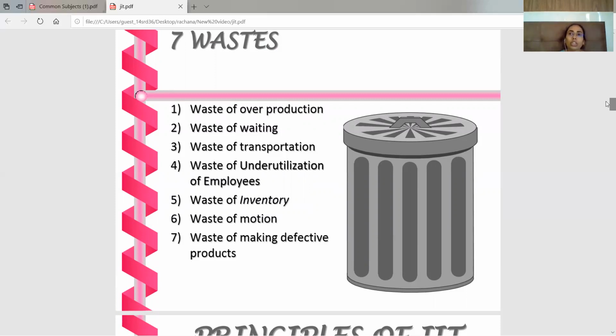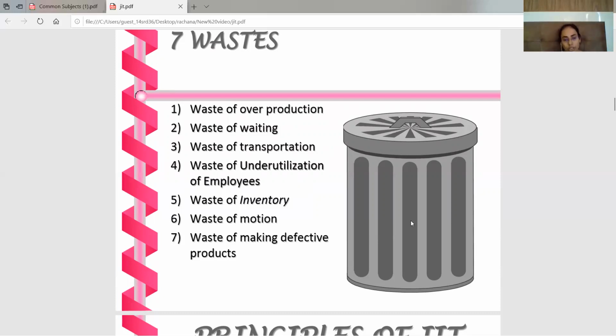Waste of transportation. You need to cater locally so that you can eliminate transportation cost and transportation time. Wastage of underutilization of employees and resources. If you underutilize your employees and resources, you are wasting money. Waste of inventory is another kind of waste, the inventory held during the production process.